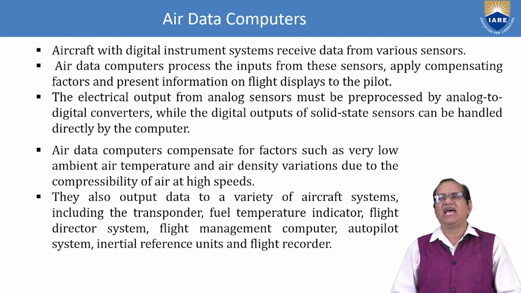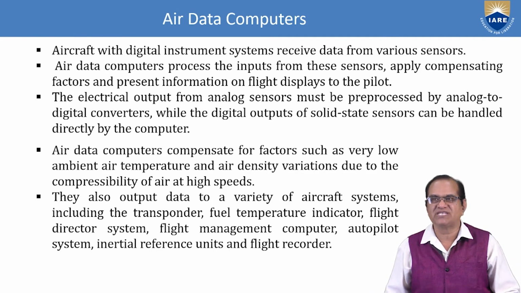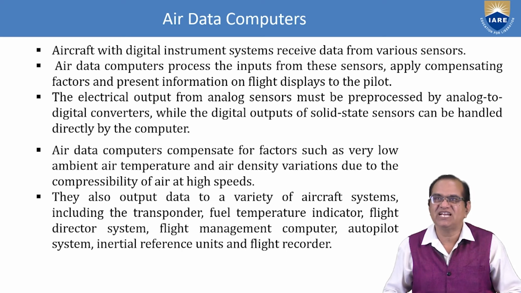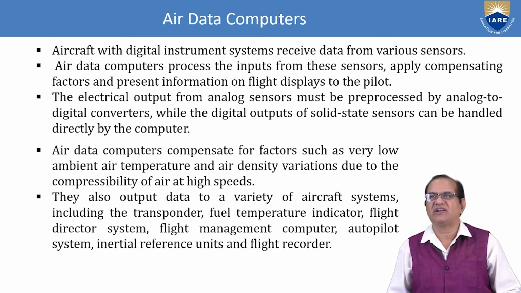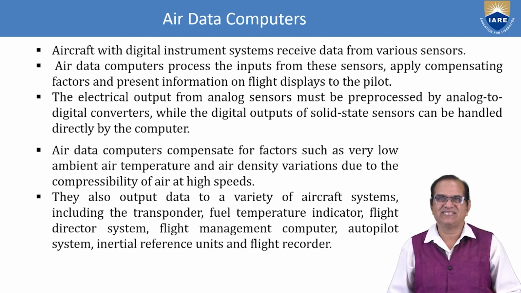So now we will look at the air data computers. Aircraft with a digital instrument system receive data from various sensors. Air data computers process the input from these sensors, apply compensating factors and present information on the flight display to the pilot.